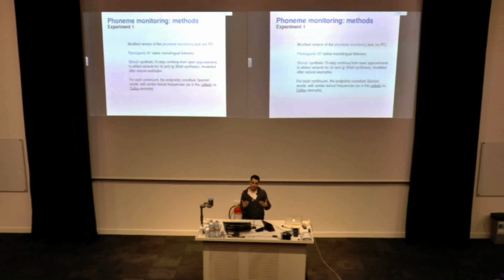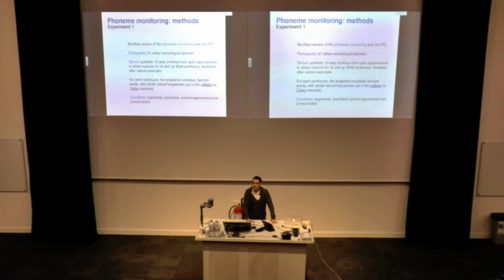And then one crucial fact from my design is that both words, as the example that I gave above, are legal Spanish words. So I'm presenting a continuum to listeners from an approximant that creates a word, and if you delete it, a different word becomes available to the listener. And I presented it in 4 conditions that varied informationally.